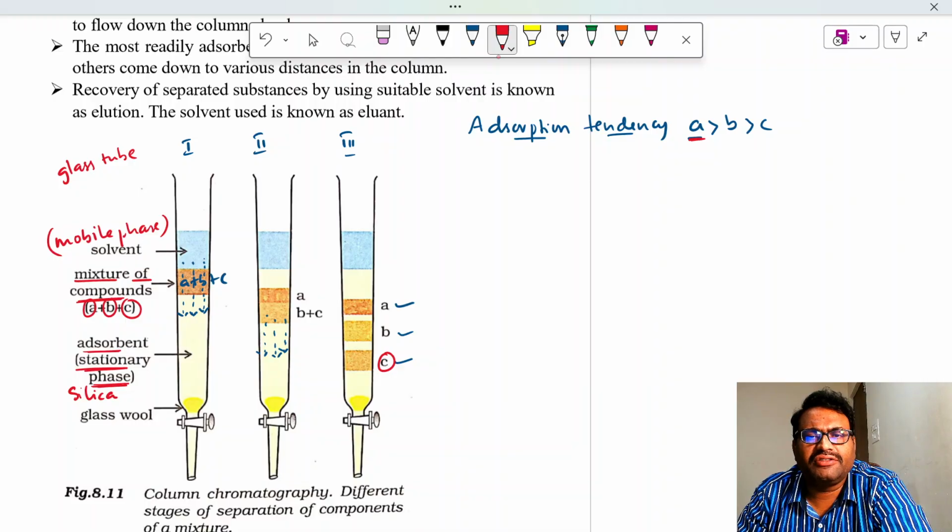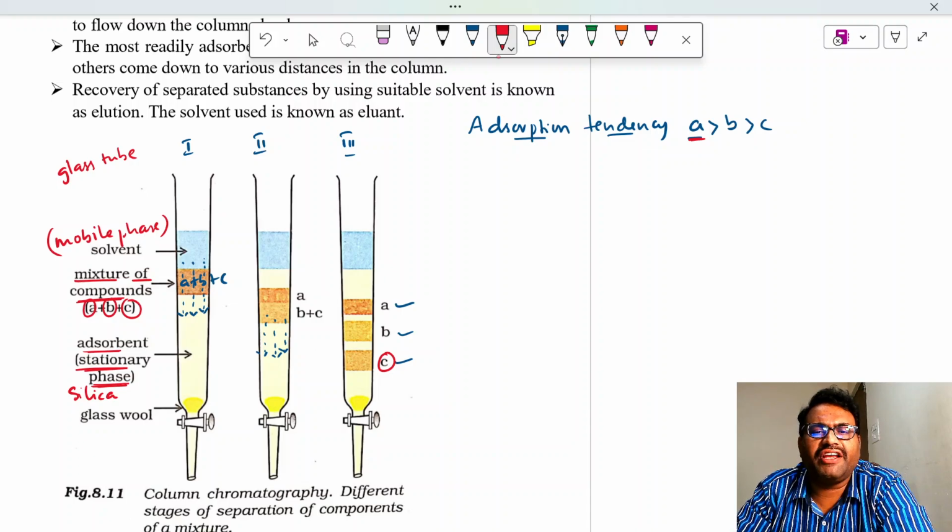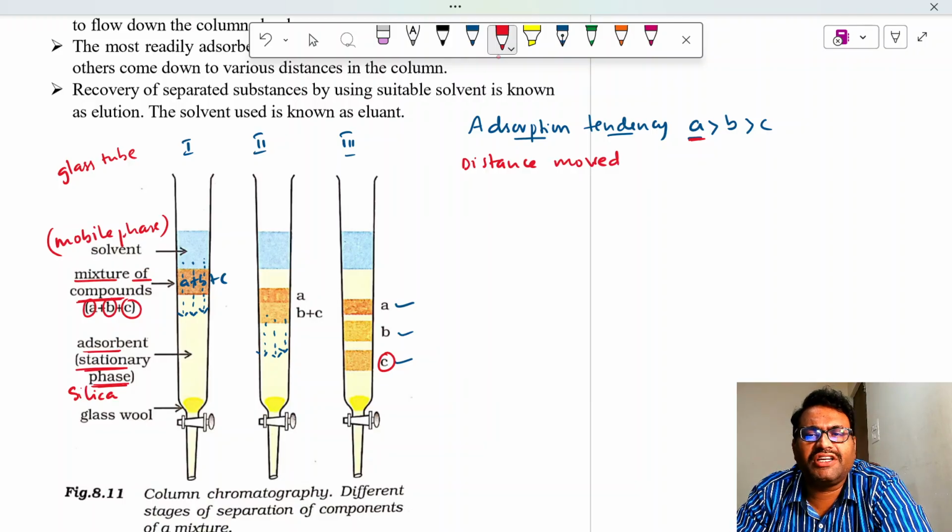Are you getting this? So adsorption tendency is distance moved from the original position. If I ask you distance moved, who will move more distance?